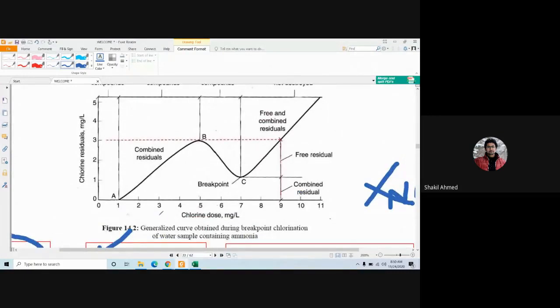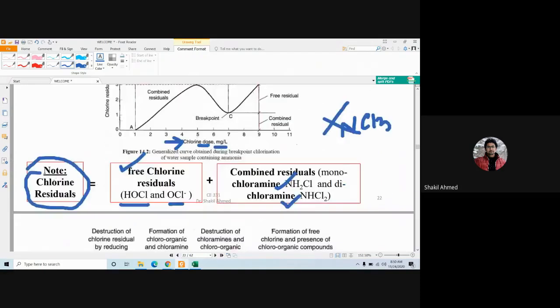Here on the x-axis we put the chlorine dose, milligram per liter, and here chlorine residuals. Again, what is chlorine residuals? Chlorine residuals is free chlorine, first of all, and monochloramine and dichloramine. Basically, chlorine residuals are the products which act as a disinfectant.